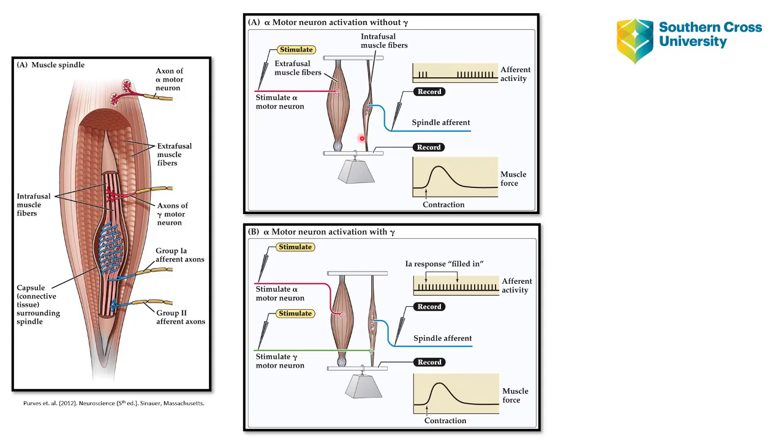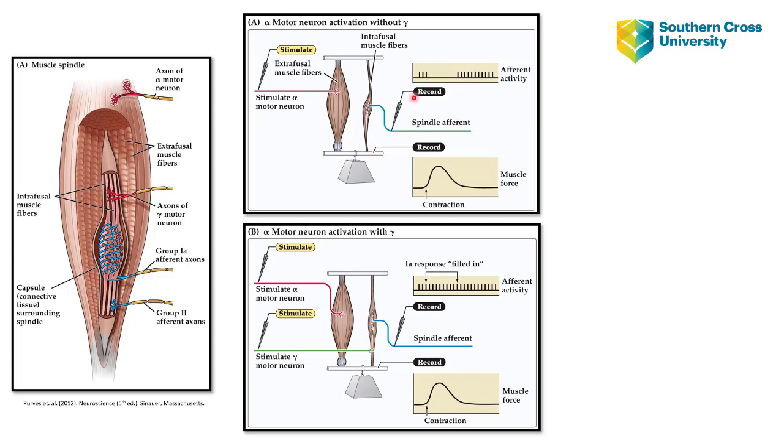Now, what happens if we don't change the length of the intrafusal fibers? You can see here that the muscle spindle has actually become lax. It's all floppy. It no longer has the capacity, if it's flat or floppy, to sense stretch. So we need to reset the spindle, essentially.